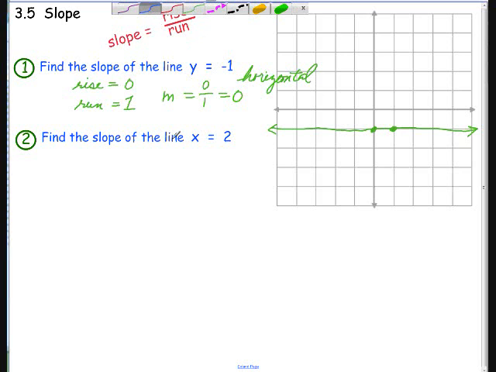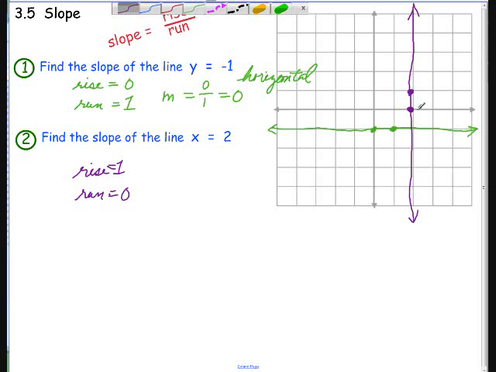Now we're going to do the slope of this line. And if I graph that on my 1 by 1 grid here, suppose I look at from here to here. In this case, I've got a rise of 1, and I've got a run that equals 0.